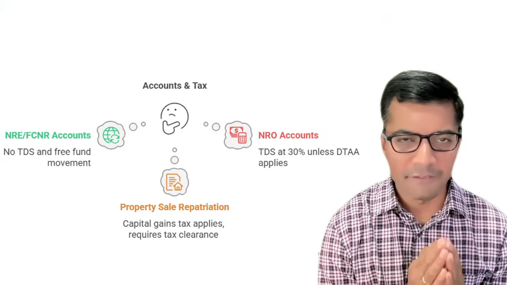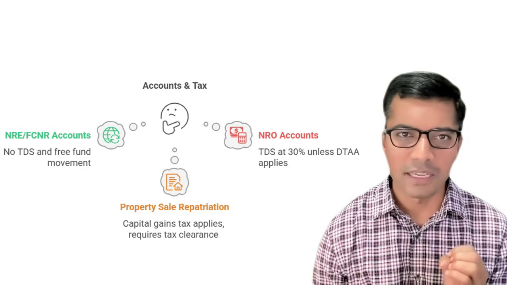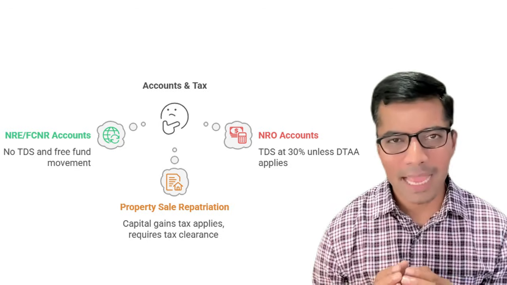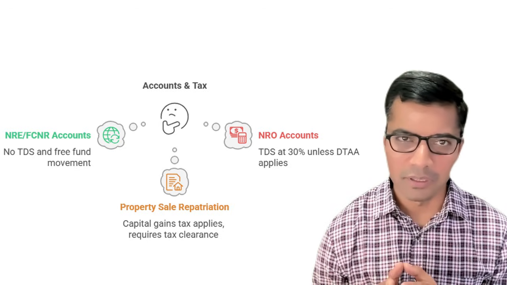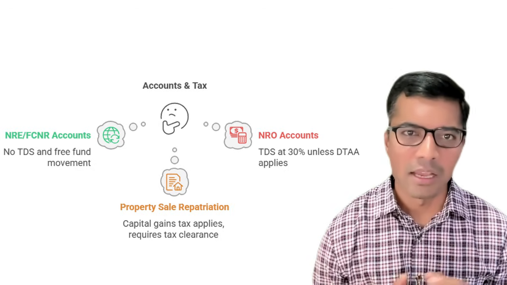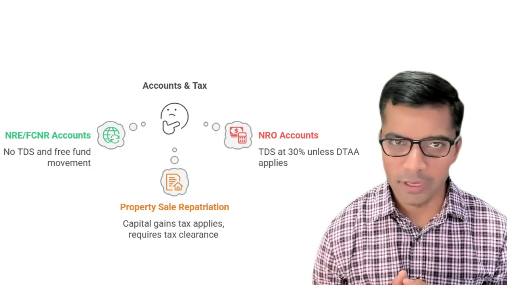Nobody likes taxes, but you can't ignore them. Here is what you need to know. For NRE and FCNR accounts, no tax is deducted at source, and funds can be moved freely. For NRO accounts, tax is deducted at the rate of 30% plus any applicable cess and surcharge, unless a lower rate applies due to the double taxation avoidance agreement.